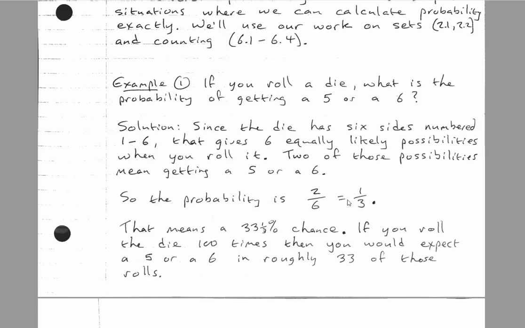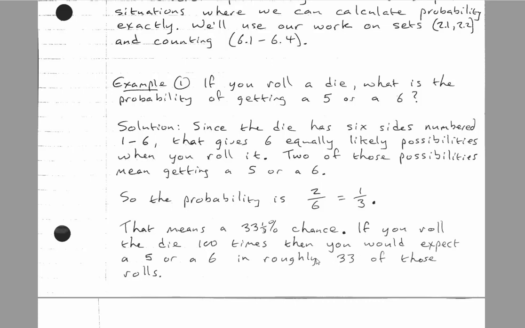There is another nice way to think about that. If you roll this same die 100 different times and then count up all the times you got a 5 or a 6, then you could roughly expect that to be close to 33. So 33 out of the 100 rolls, you're getting a 5 or a 6, roughly.